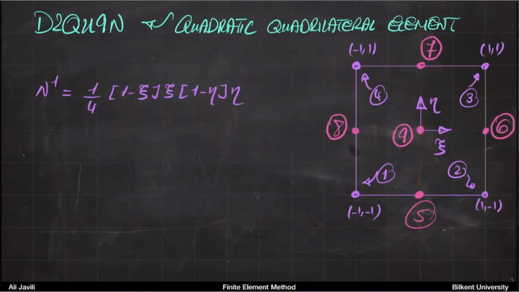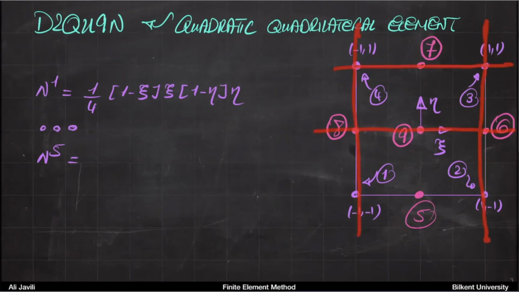And then if you think of N2, N3, and N4, they are similar to that. And let's jump to N5. Now, N5 would be something that is 1 here and is 0 elsewhere. So now you would make sure that it is 0 on these lines.